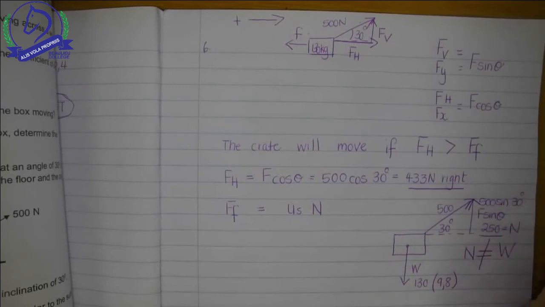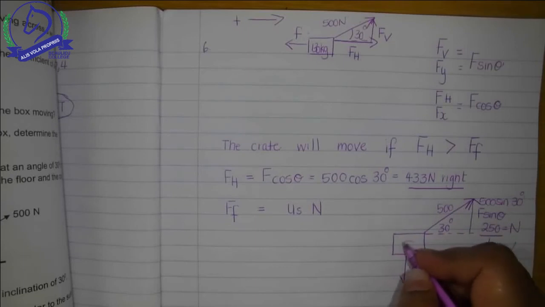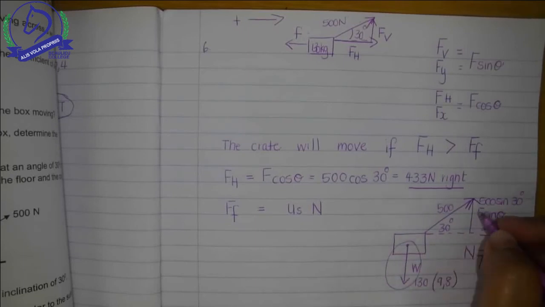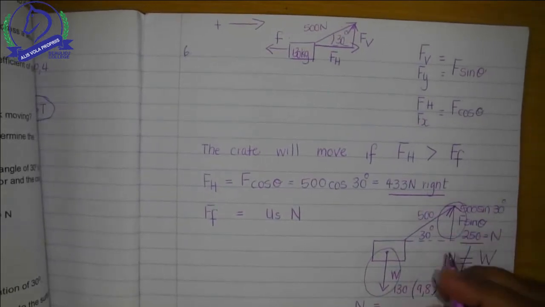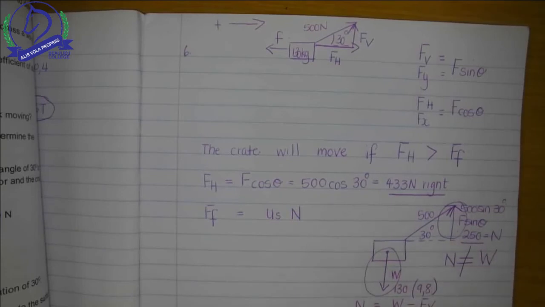Okay, so now can you see that you have two vector quantities that act in the opposite direction? So my normal force now will equal the resultant of these two. So my normal force is weight minus my vertical component. Okay, and the weight is 130 multiplied by 9,8 minus 250.